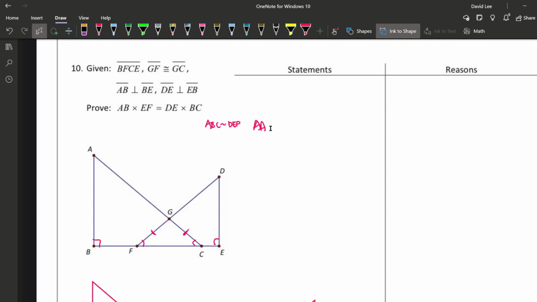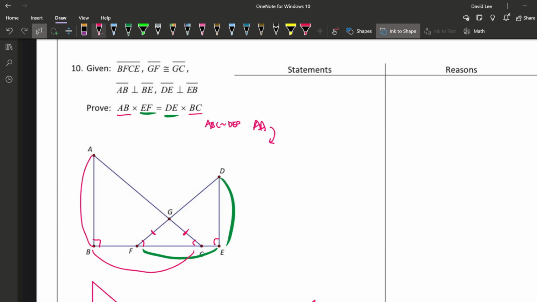And after this, you're gonna do something like this divided by something. So AB is this, EF is this, and then DE is this. I'm gonna jump to BC. So BC is this, and then DE is this.